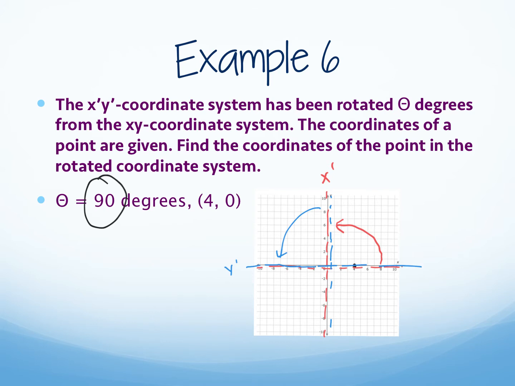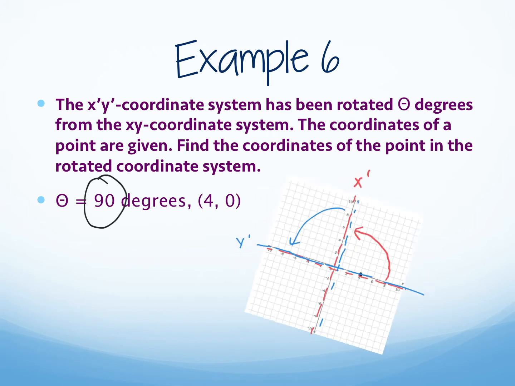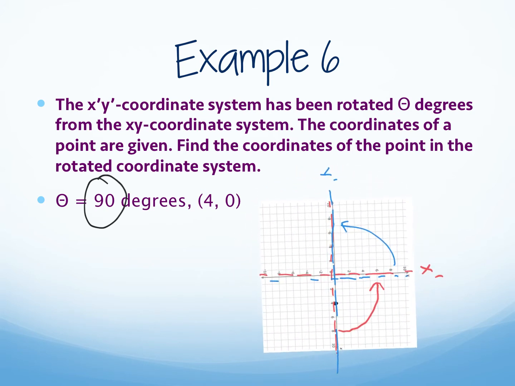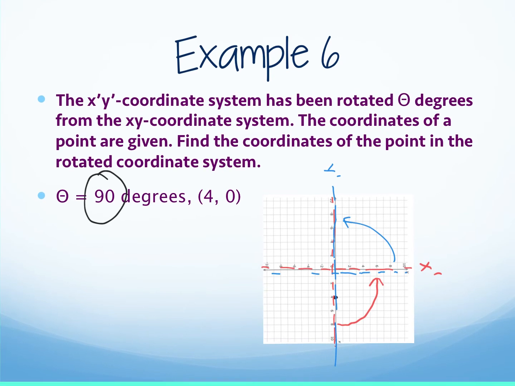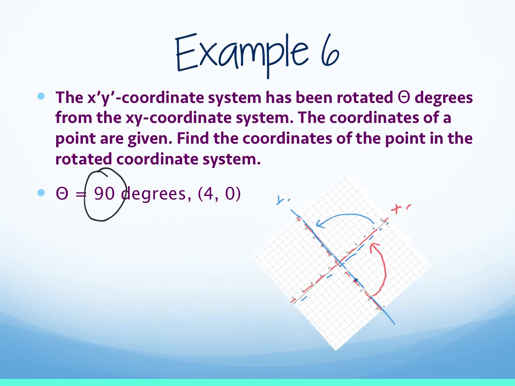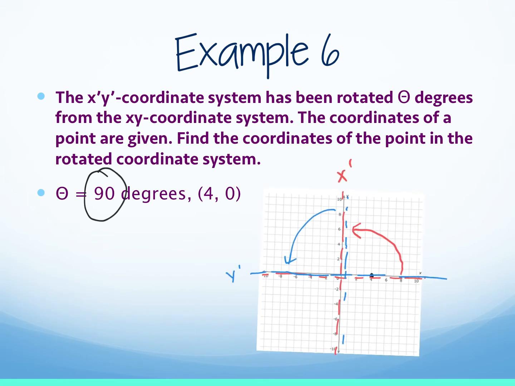Now the easiest thing to do is actually rotate this as though that was my regular x and my regular y. Where is that coordinate point now? So it started at 4, 0, right? That was my original point.